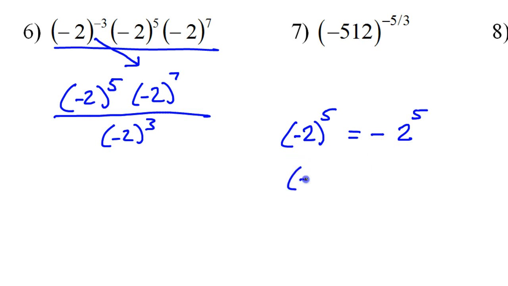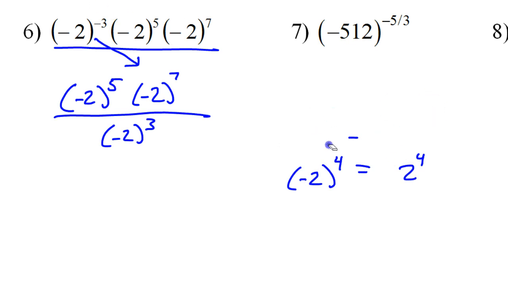If this was even, like negative 2 to the 4th power, then that would just equal 2 to the 4th power. So if I have an odd exponent, the negative stays. If I have an even power, the negative disappears. So keep that in mind. As you notice, all of these exponents are odd. So all 3 of the negative signs are going to stay around.